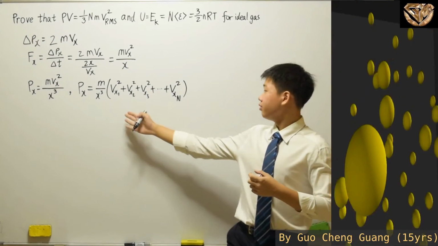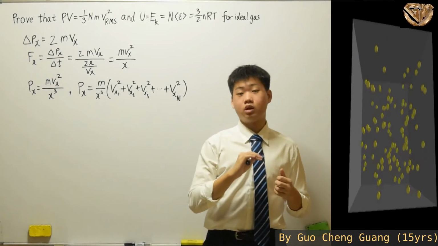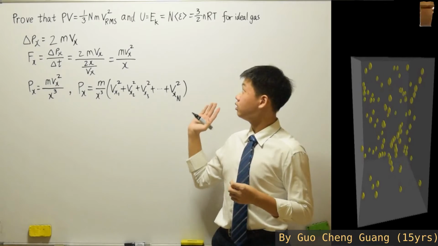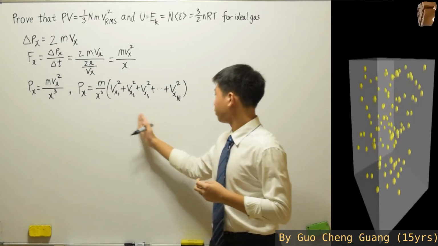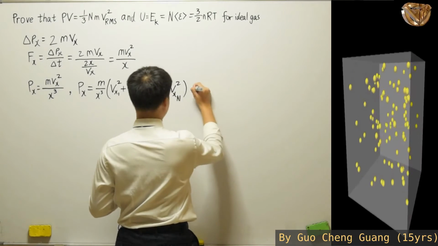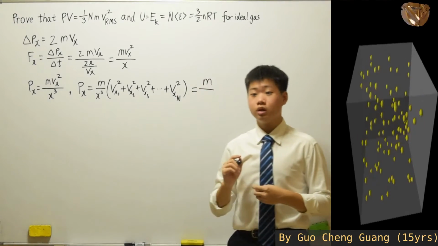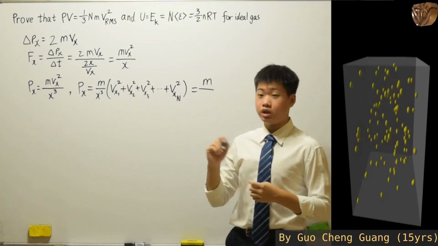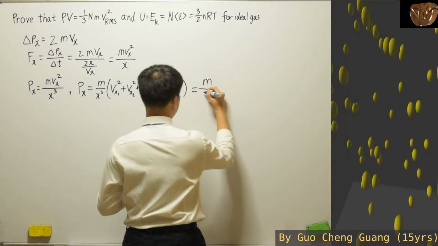So this is what we see if we have n number of particles within this container. So we can just write this into a sigma notation, and x cubed, we can change that into the volume of your container, which you'll see as V.